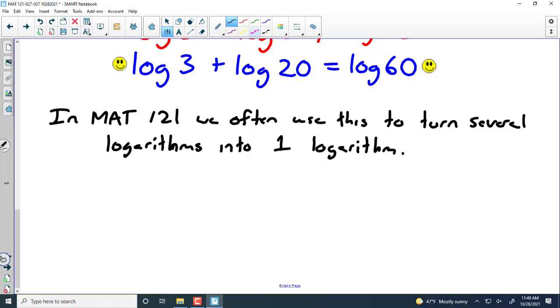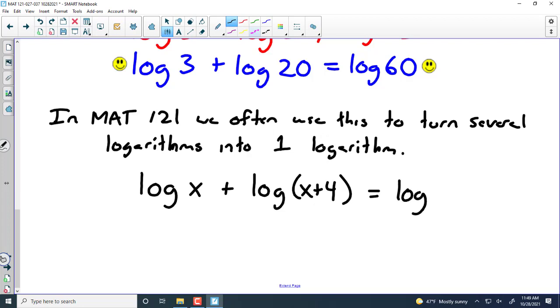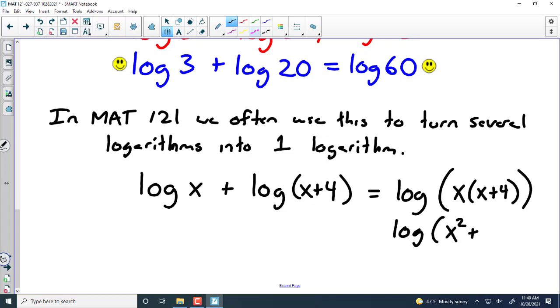I'll show you right now. Someone gives us something like that, log of x plus log of x plus 4. We rewrite it like this. That's how we're going to use it a lot in this class, by taking a couple logarithms and making it one logarithm. It's a very helpful trick.